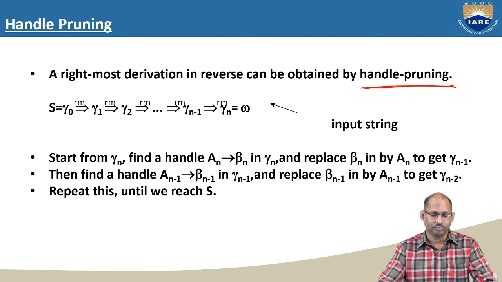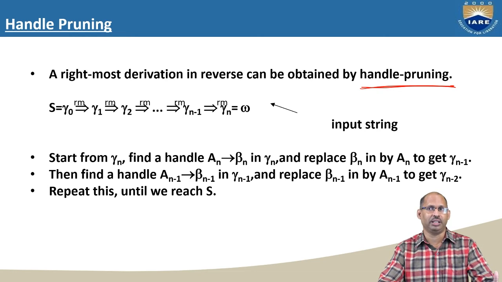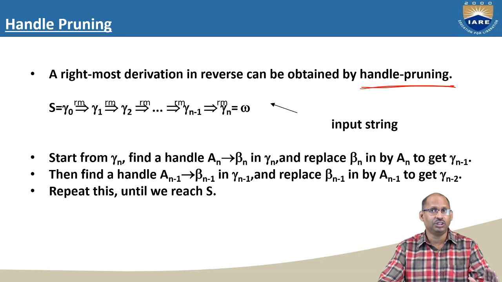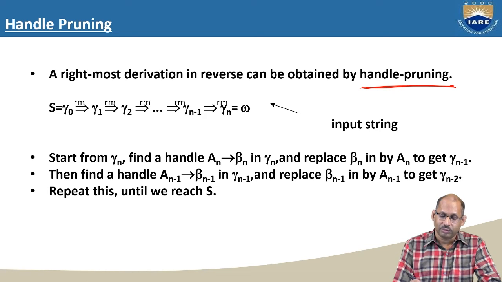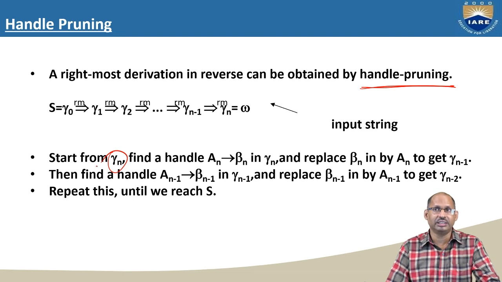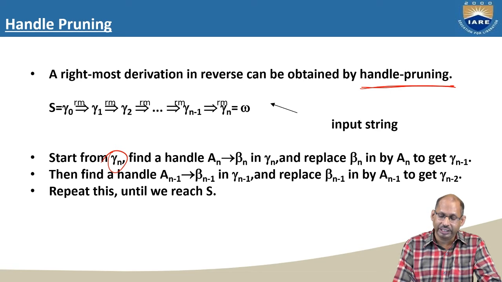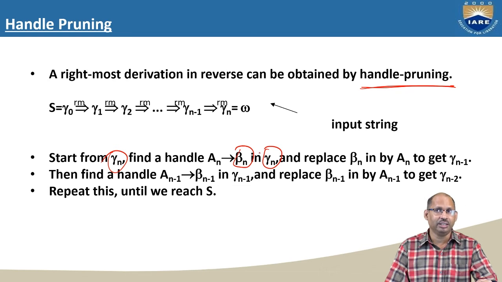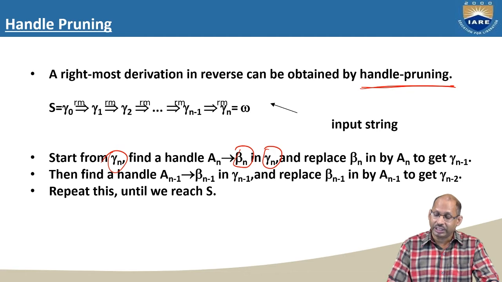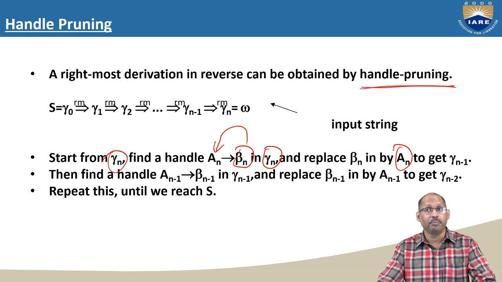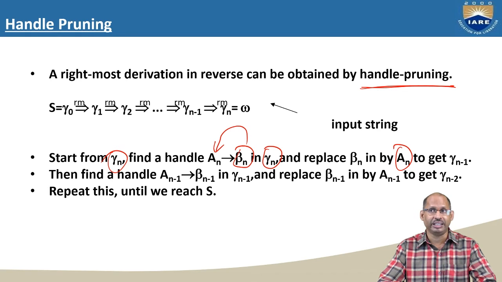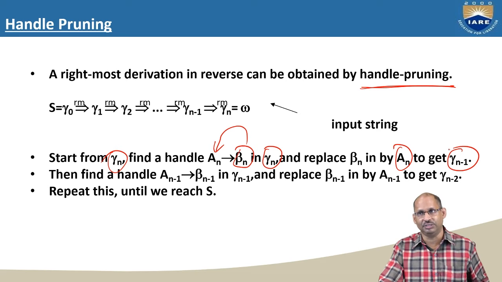If w is a sequence of terminals, then we find a handle beta n in gamma n, such that we can replace beta n by A n to get gamma n minus 1.